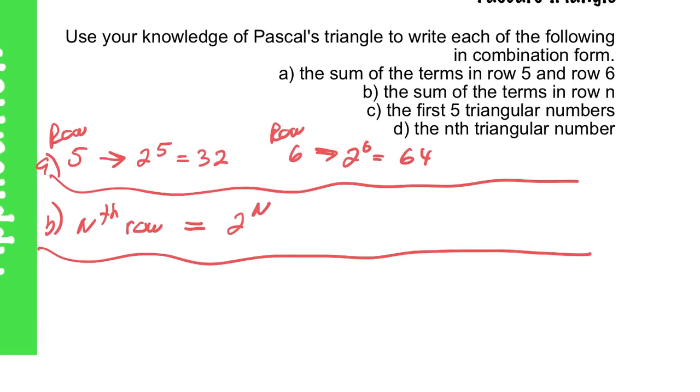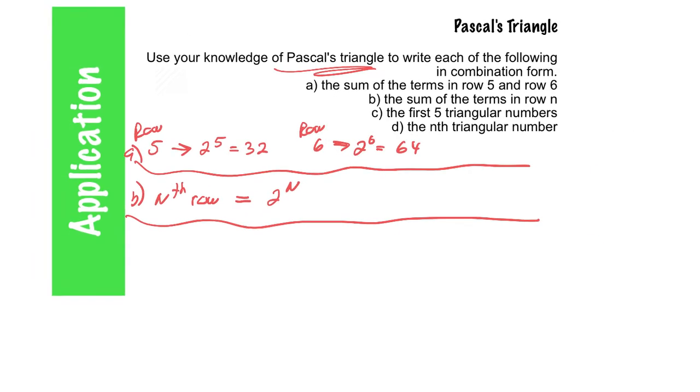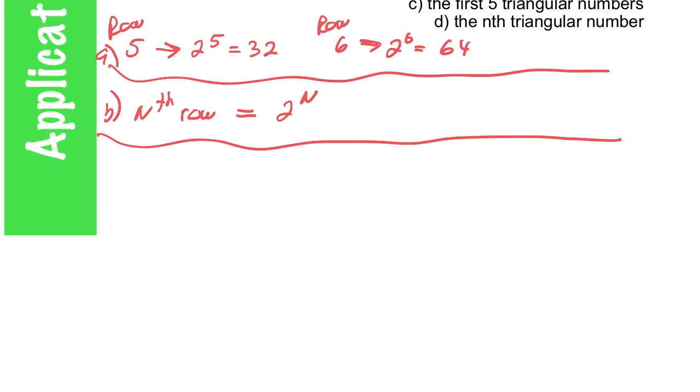Okay, and again, we're going to use Pascal's triangle to write this. So the first 5 triangular numbers. So the number 1, okay, the actual triangular number here. So it will be 1, 3, 6, 10, and 15.